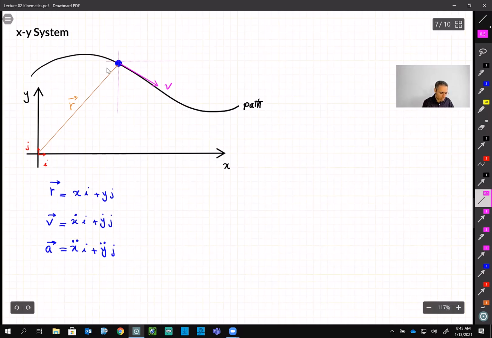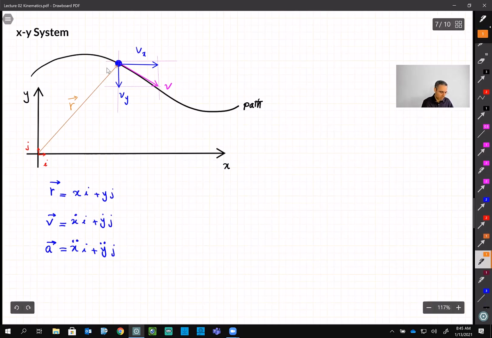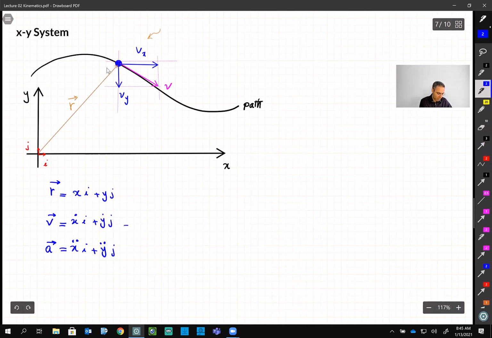Now, if I find the components for this velocity, the components are Vx and Vy, where this Vx, in fact, is what we now call x dot. If I want to write it the way that maybe you like, it can be Vx i plus Vy j. And the same for acceleration, it is Ax i plus Ay j. All right?